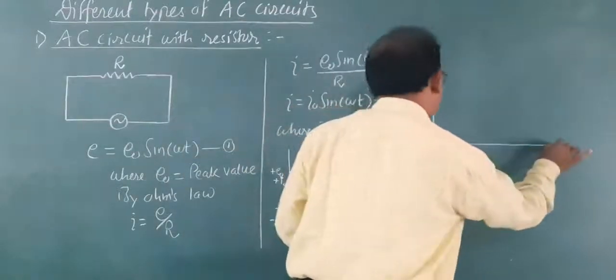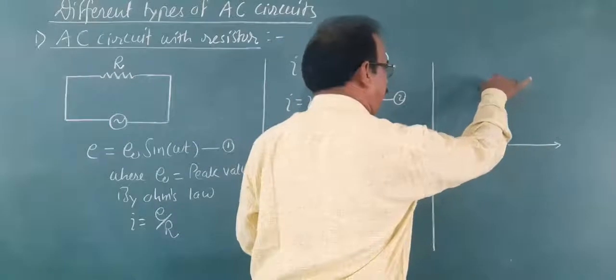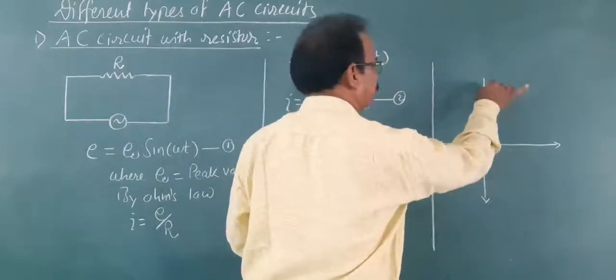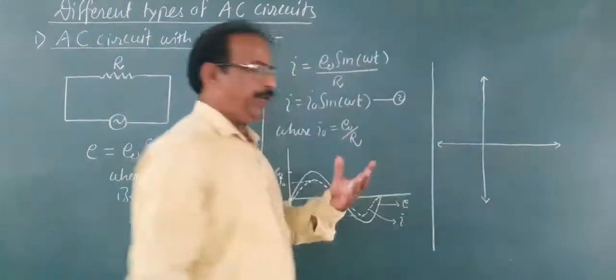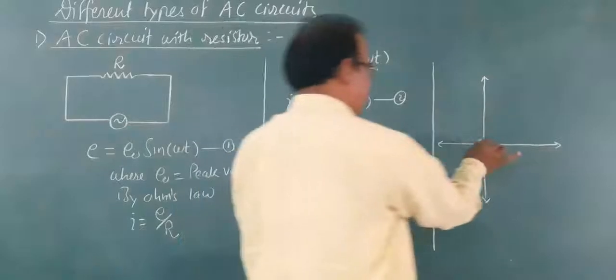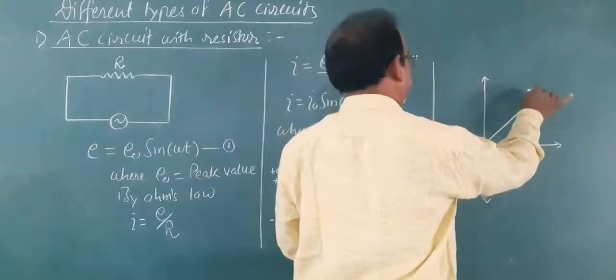This is the x-axis. This is the y-axis. First draw the phasor for EMF, meaning a vector whose magnitude is equal to E0.